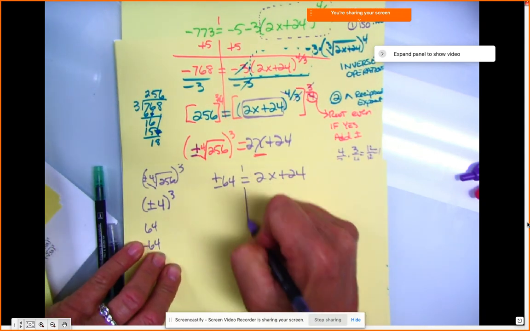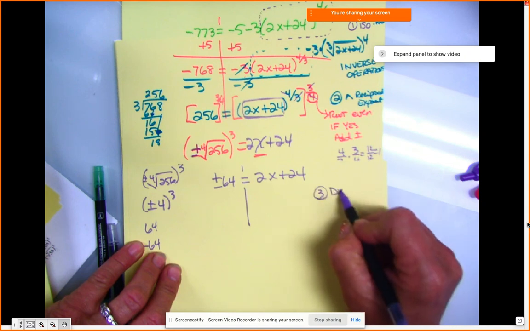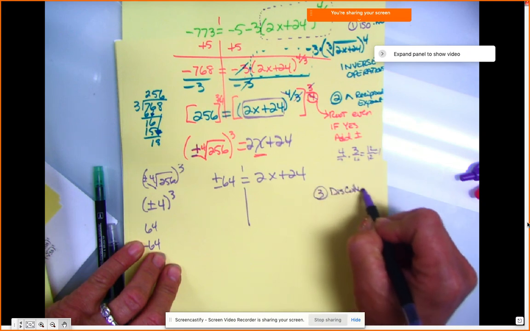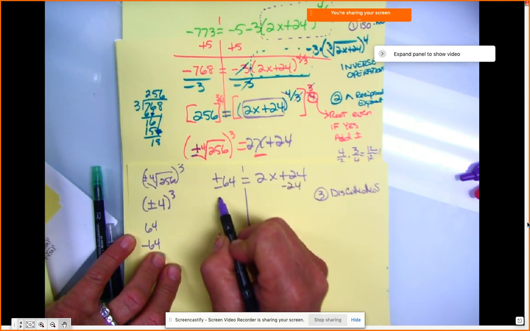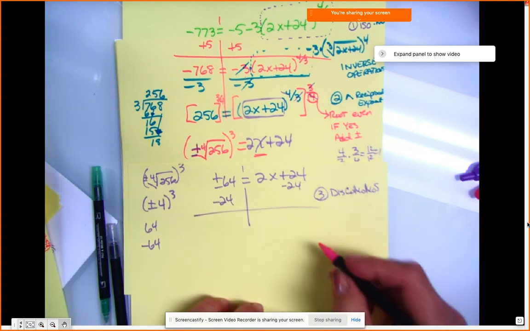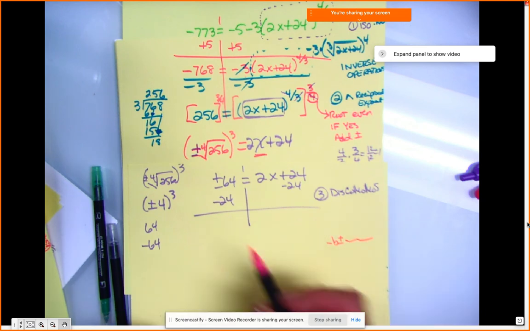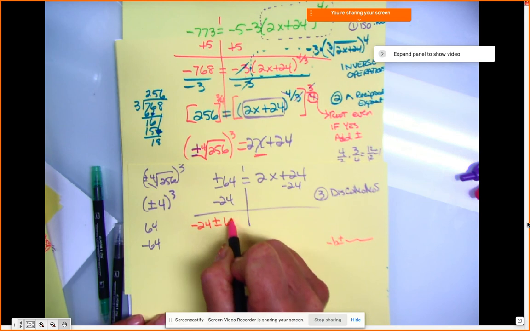Okay, draw your walls. Step 3, we've already evaluated. I need to disco moo. Okay, I need to subtract 24. And you're like, how do I subtract 24 from this side? Very interesting. Well, let's write it like this. Remember on the quadratic formula, x equals opposite b plus or minus, and then we ended up with some number? Okay, let's just write negative 24 plus or minus 64 for right now.